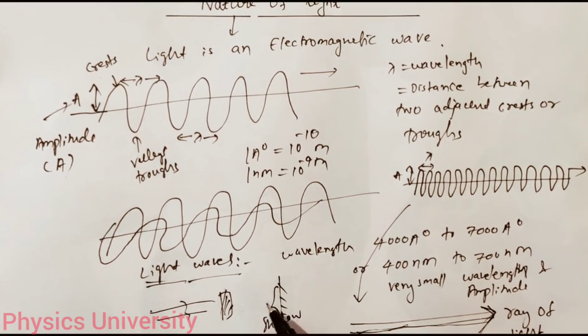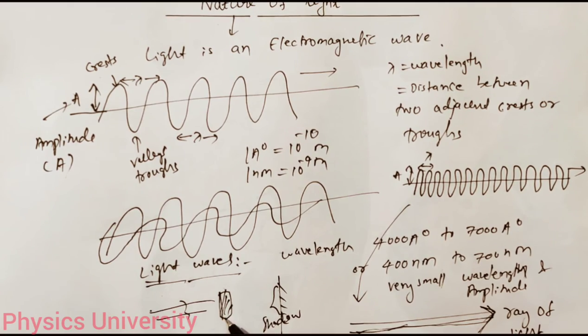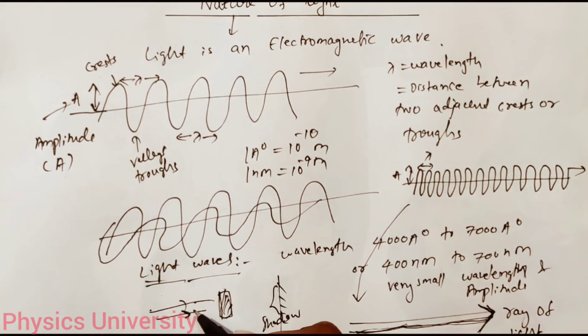So why do we get a shadow here? Because light has been obstructed. So this proves that light travels in a straight line. So basically, even though it is a wave, we can get many explanations using this straight line propagation of light.